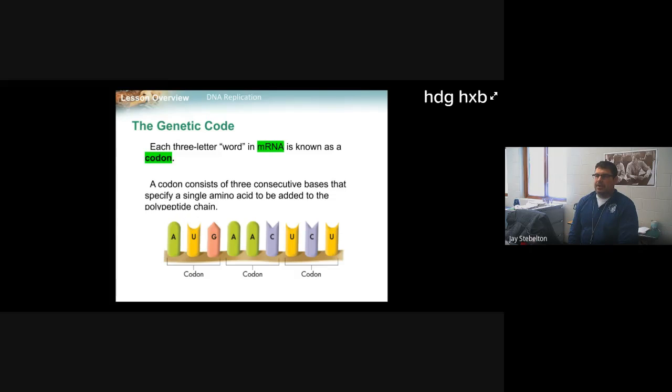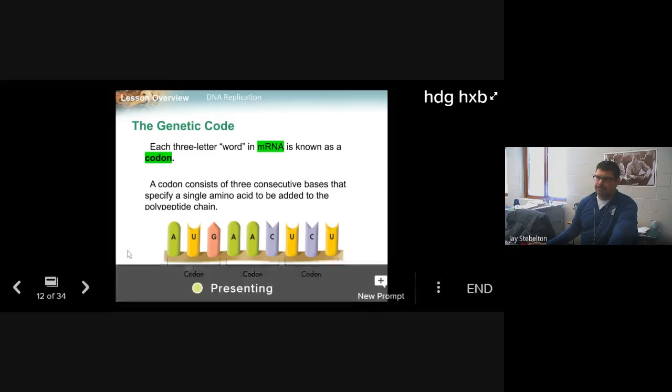Those codons will bring 3 amino acids to that message. That's the translation part: taking the message, the mRNA, and converting it into a protein by adding amino acids. The order of the amino acids determines the protein.